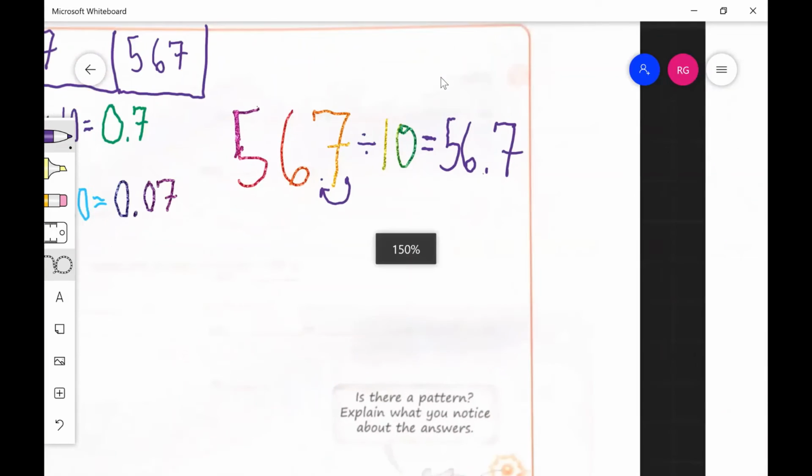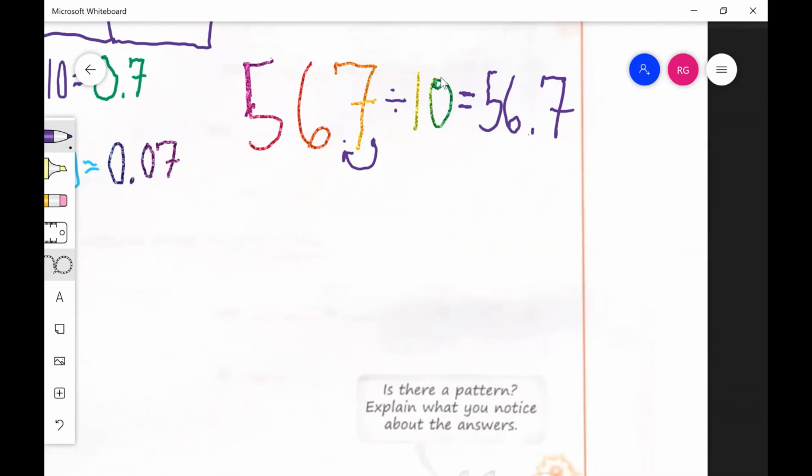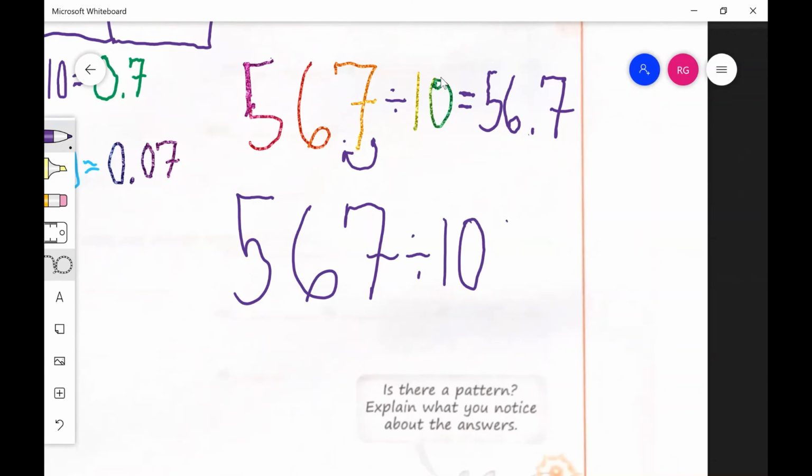Okay, and then for the next one, we have 567 divided by 100 this time. All right, and what do we get?